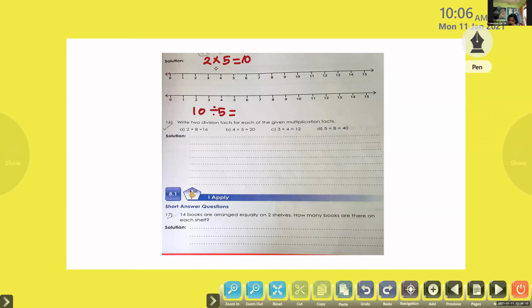Ma'am, we have to write the 2 into 5 is equal to 10? Yes, you can write. After doing this, you can write down 2 into 5 is equal to 10. Then 5 plus 5, we will get 10. So we have done 2 skip counting and we reach 10.